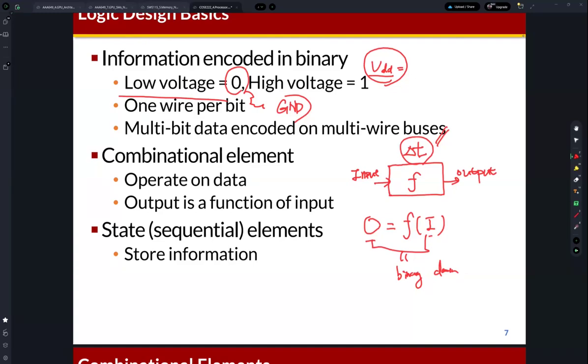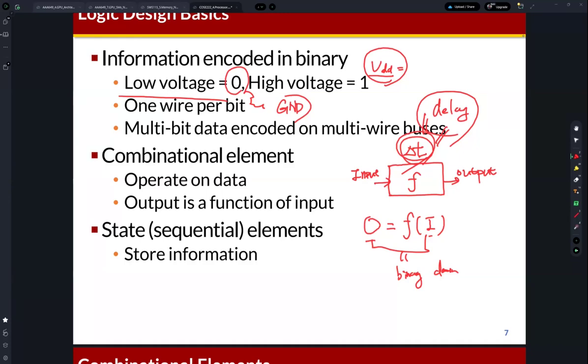But actually, hardware also receives input and then generates output based on the function. So this is the same, but after some delta t, so a delay. You need to understand this concept.